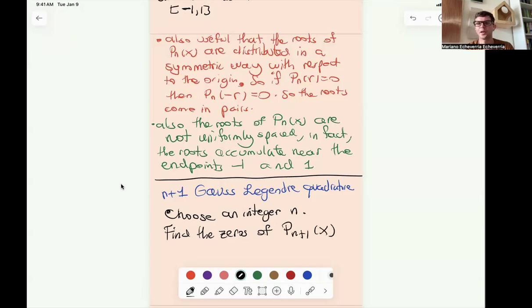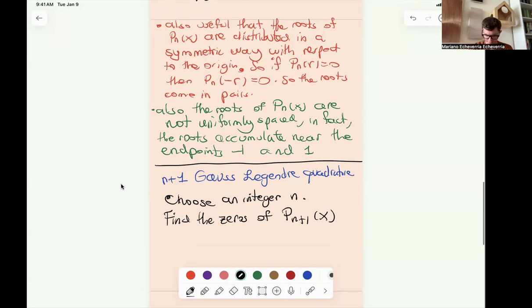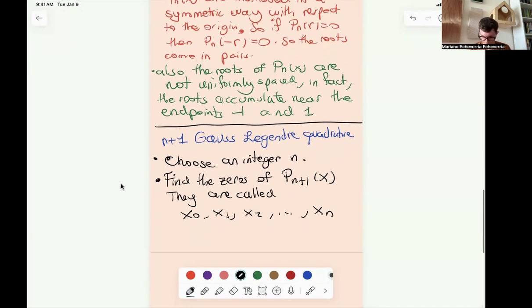The reason for using that one is that the Legendre polynomial of degree n+1 has n+1 zeros. They are called x0, x1, x2, up to xn.